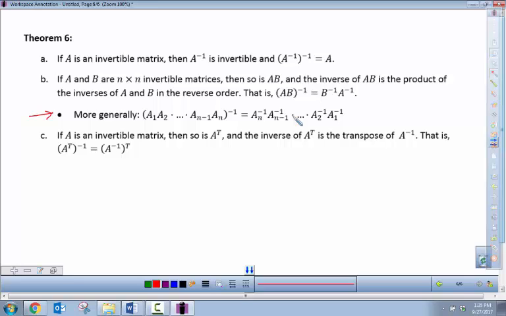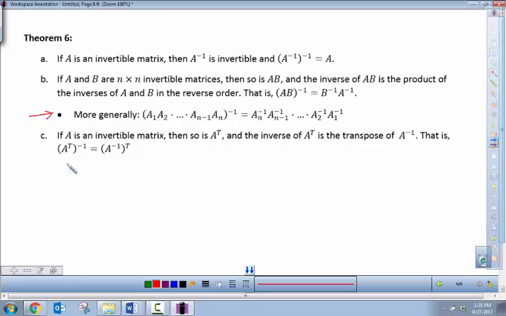It seems like a silly thing to think about, like when will we ever have to multiply 5 matrices together? Well, it turns out that if not by the end of today, by next time we'll be multiplying 5 matrices and finding the inverse of the product. And then the last property here talks about the inverse of a transpose.